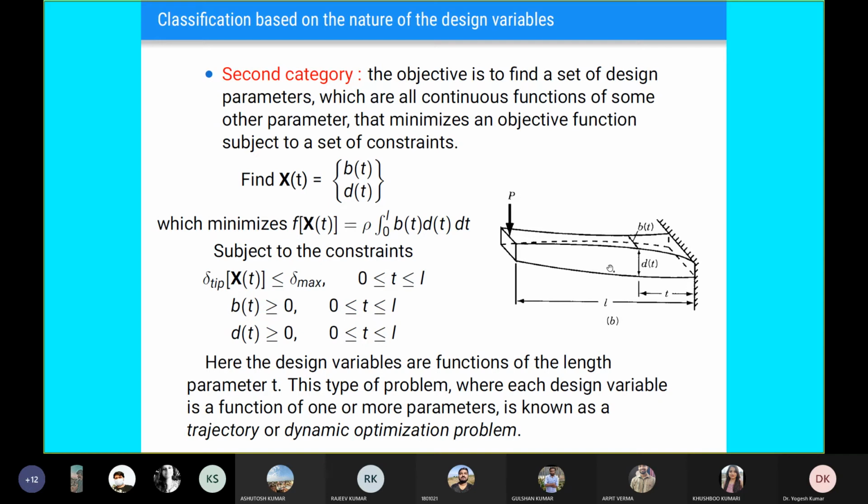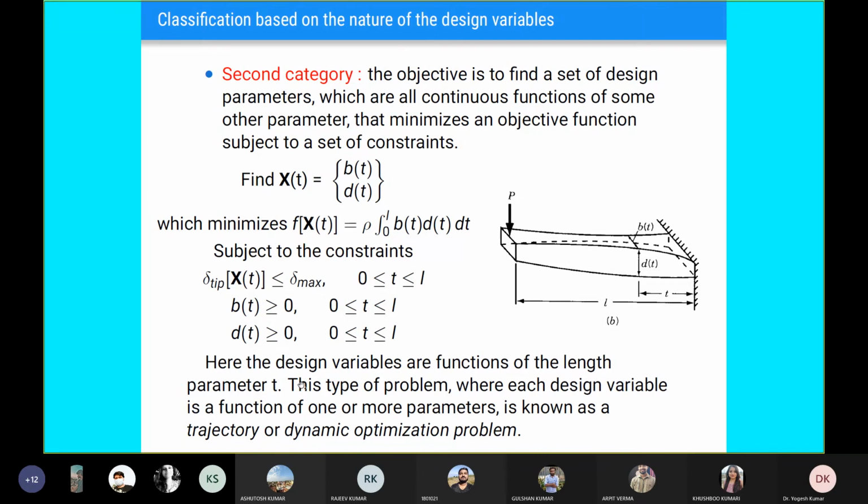Similarly, this height d(t) should be greater than or equal to 0. In all cases, the value of t is between 0 and L. So here the design variables are functions of a length parameter.